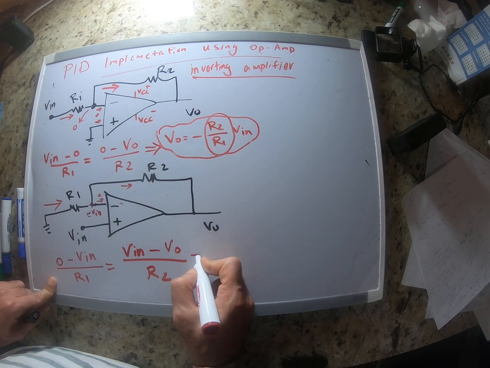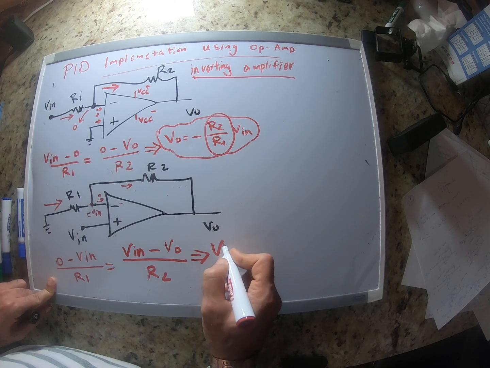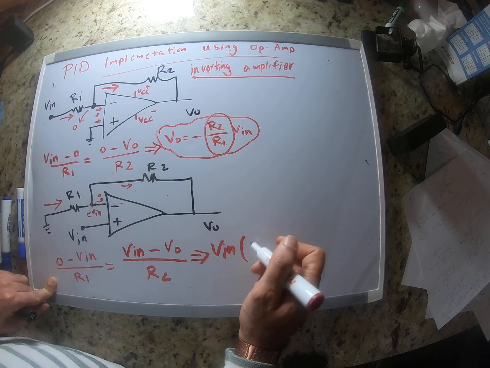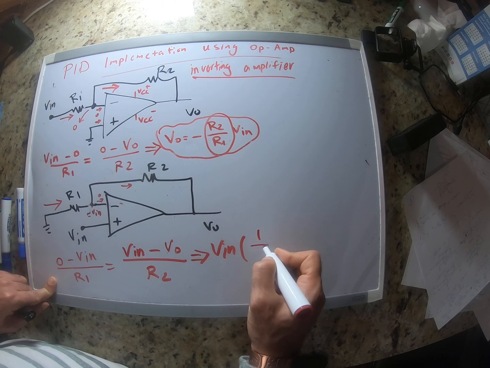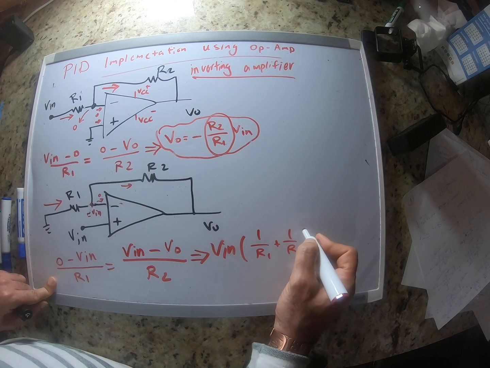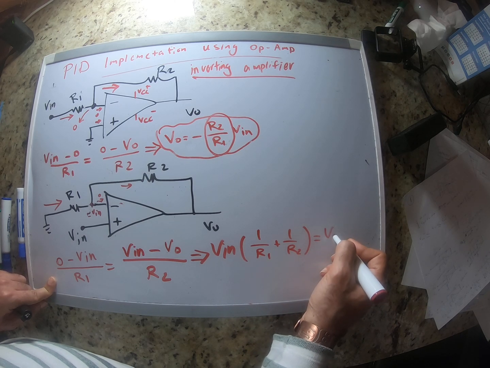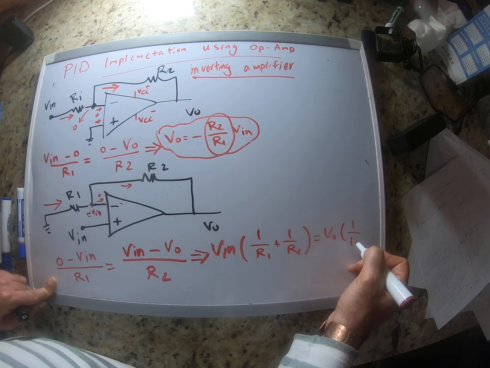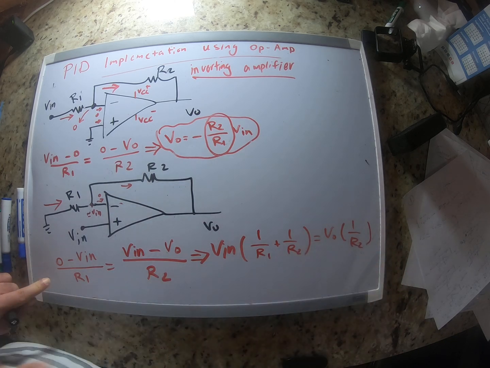Let me simplify this. I'm just going to factor out V in. V in times 1 over R1 plus 1 over R2 is equal to VO times 1 over R2.